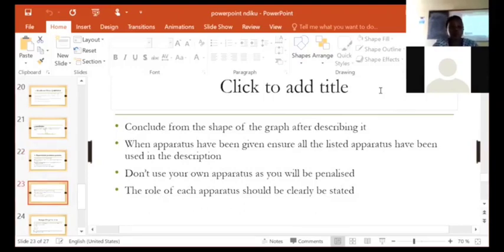Then if you have plotted the graph, you need to comment on the shape of the graph. Like if we are verifying Ohm's law, we conclude by saying, the graph being a straight line through the origin, we can deduce that the current is directly proportional to the voltage.